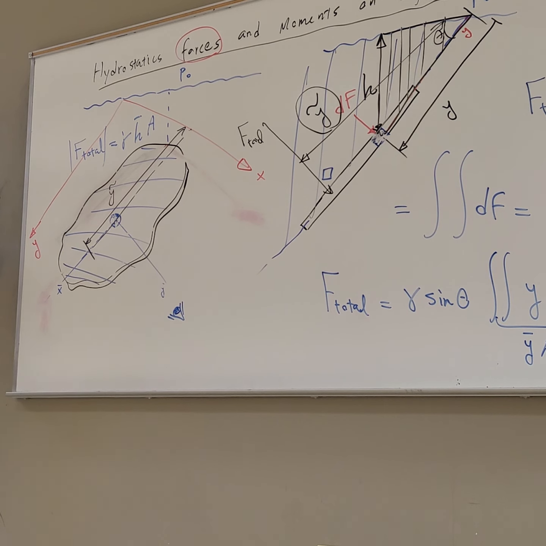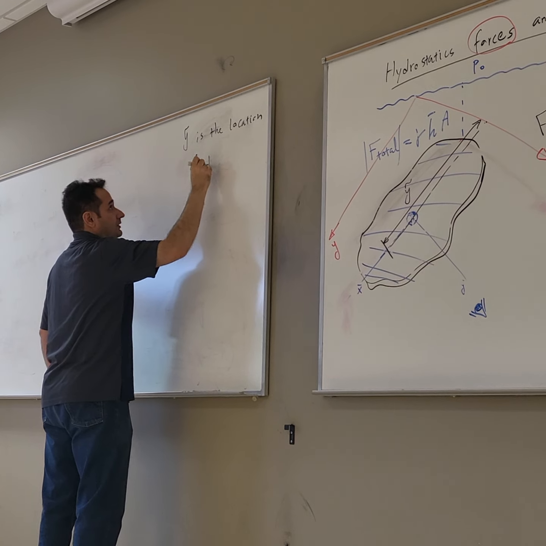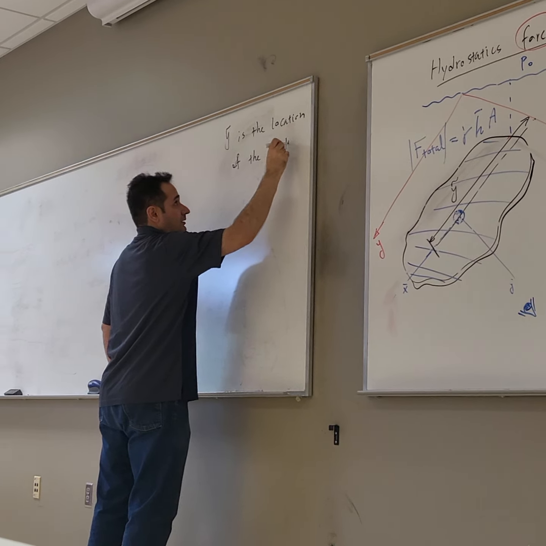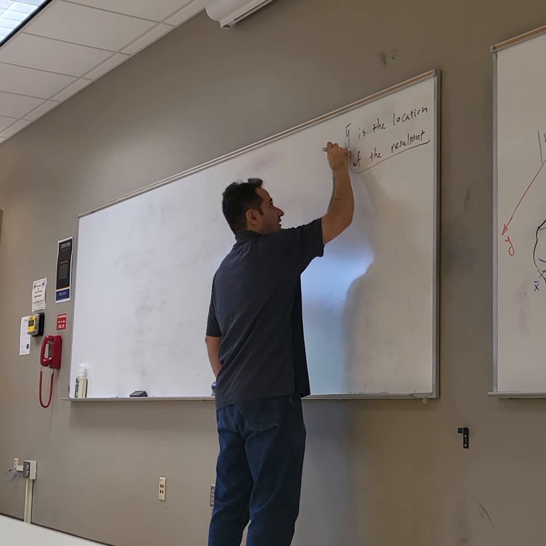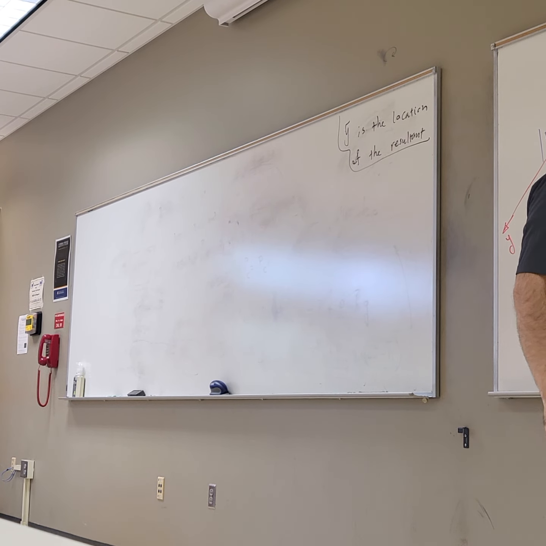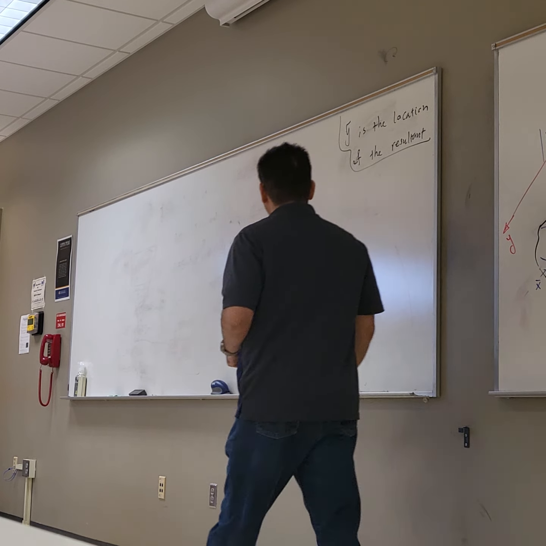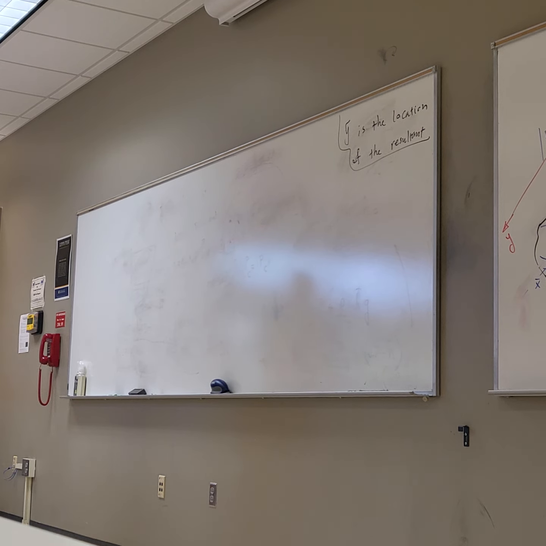Y tilde is the location of the resultant force. If I put a resultant force, which I know the value, at a particular y tilde, the moment coming from there should be equal to the moment coming from all the infinitesimal forces. The sum of moments should be the same in order to say that they are equivalent. I can replace one for the other.